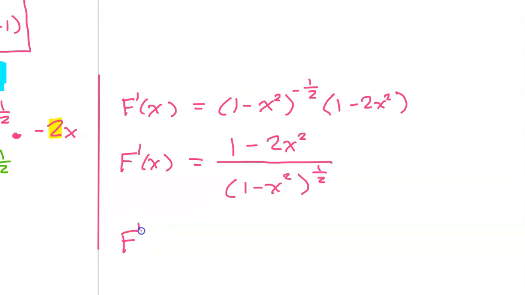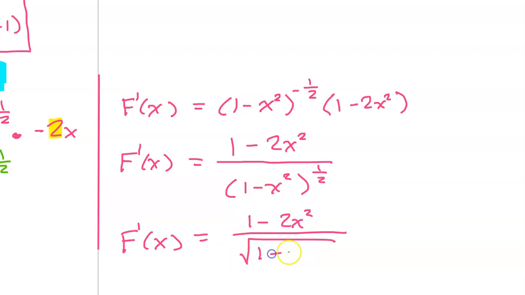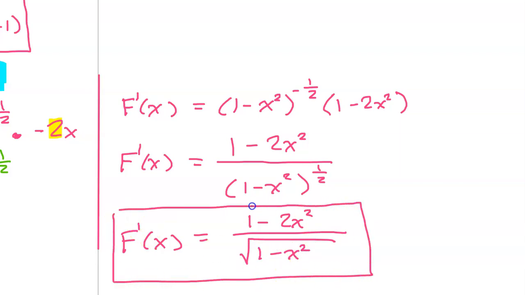I might also go ahead and write this denominator using a square root. So I will have 1 minus 2x squared over the square root of 1 minus x squared. So this is how you might see it on a multiple choice question.